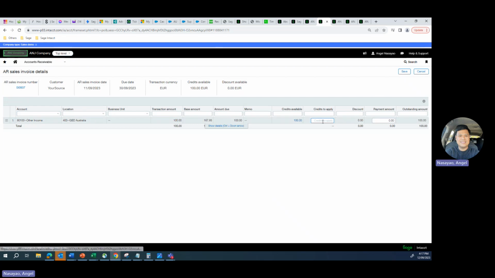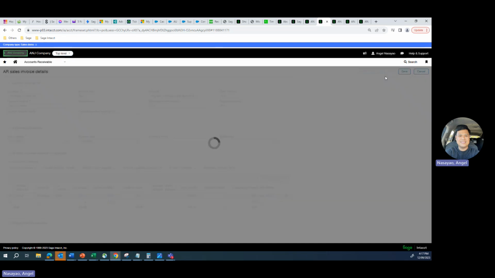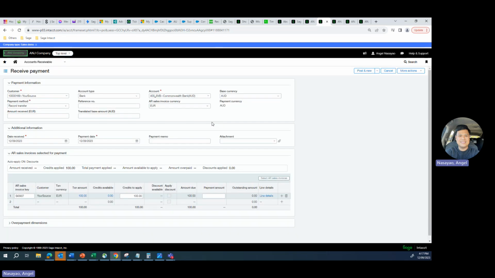Okay, so credit to apply. I'll just apply everything, because this is the AR adjustment that we created. So 100 in there. So payment amount, yeah, I think that should be fine from there.